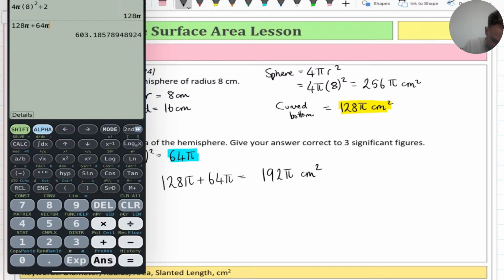To three significant figures, the third significant figure is that 3 along there, so it's going to be 603 centimeters squared to three significant figures.